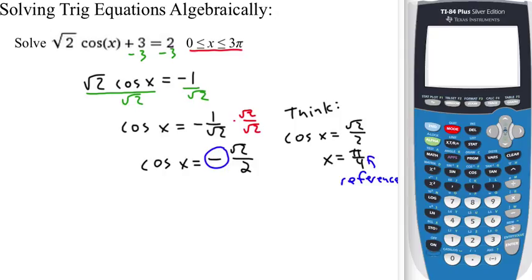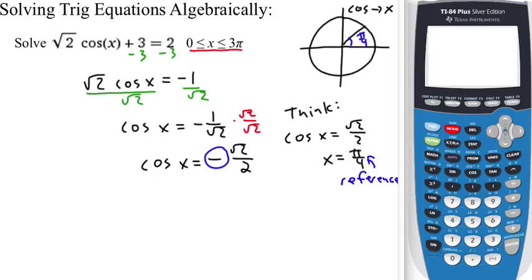So now what I'm going to do is, again, I'm going to draw a little unit circle. Here's my pi over 4 reference. But now I need to think about where is cosine going to be negative. Cosine, remember, refers to the x coordinate.